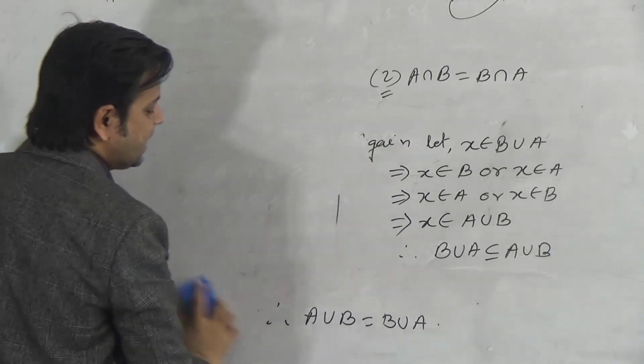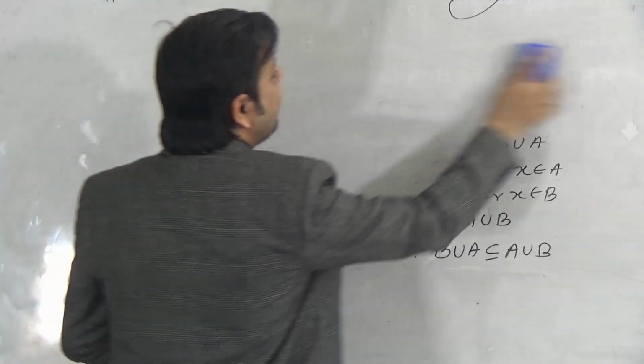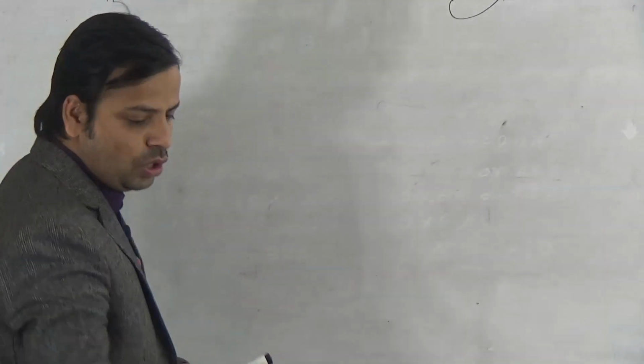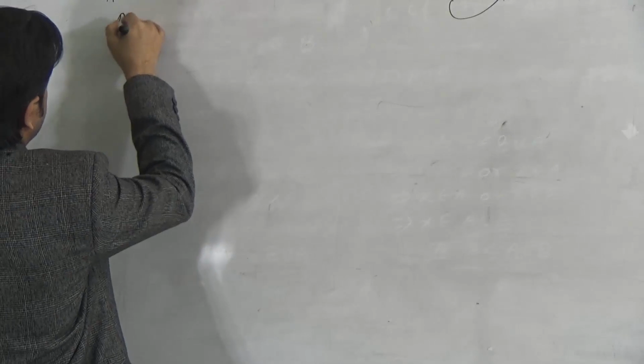For any sets A, B and C, we know two laws of associative law.